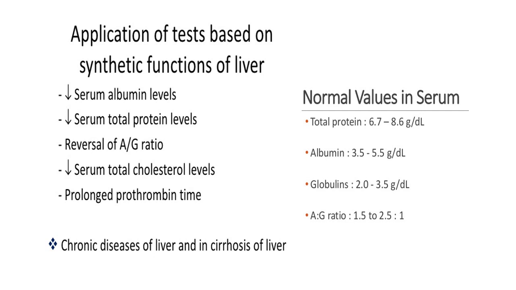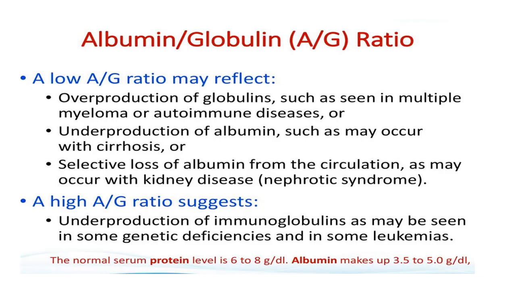So globulin is less and albumin is more. So this albumin globulin ratio either is normal or it could be a low AG ratio or a high AG ratio. If it is low, that means albumin is becoming less and globulin is becoming more. Whatever the conditions, it could be globulin is more, for example, multiple myeloma. If albumin is less, it could be cirrhosis of liver.